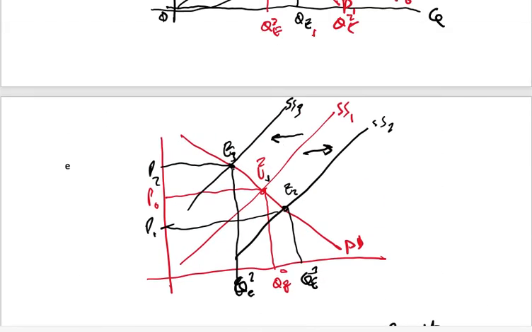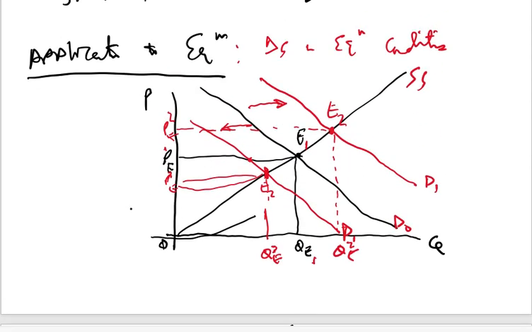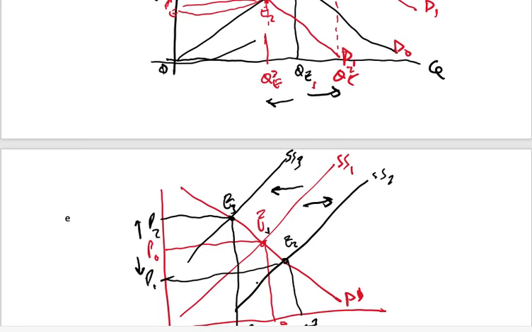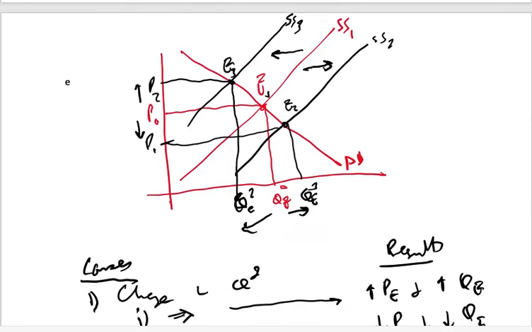The leftward shift resulted in an increase in price, but quantity exchanged reduced, something like this. Okay, so this is what it means, so that you can clearly see what is happening here.